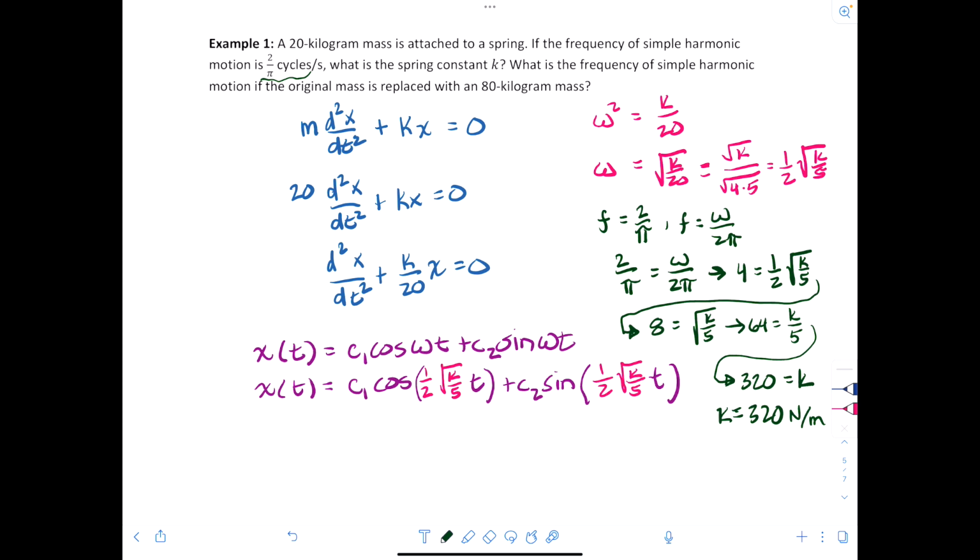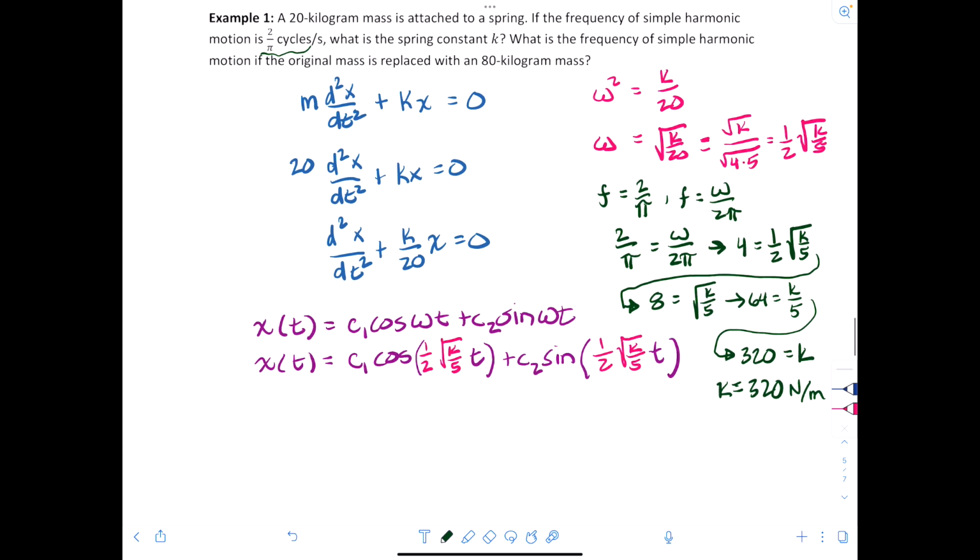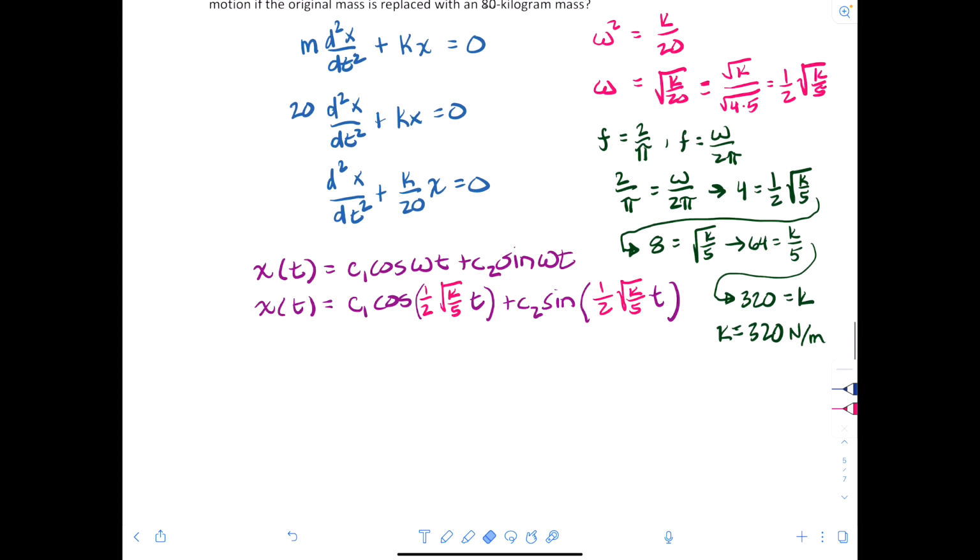All right, so we found our k, right? Now, when you plug k back in, what's going to happen? What will we get for all of this coefficient here to the t? Maybe we could clean that up. Well, if k is 320, 320 divided by 5 is going to be what? 64, right?